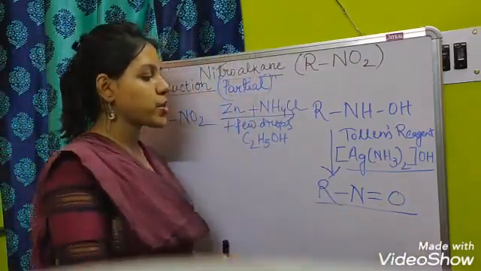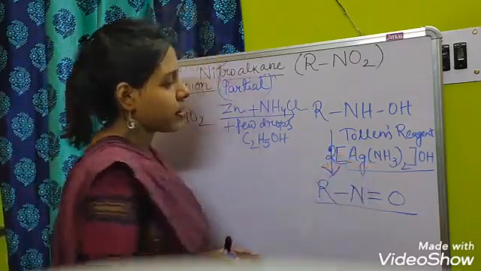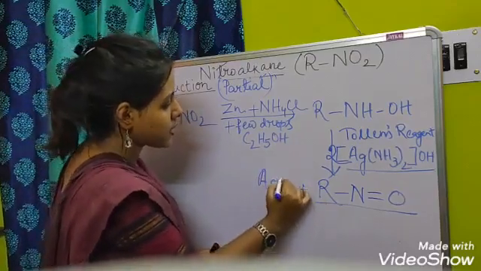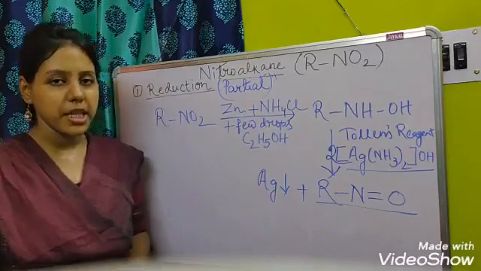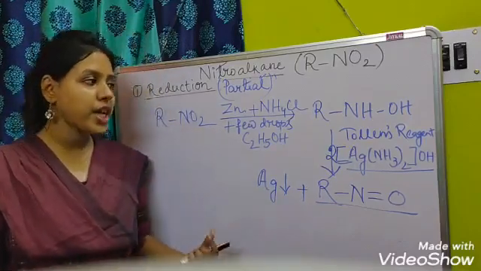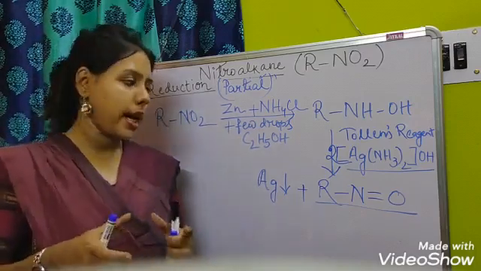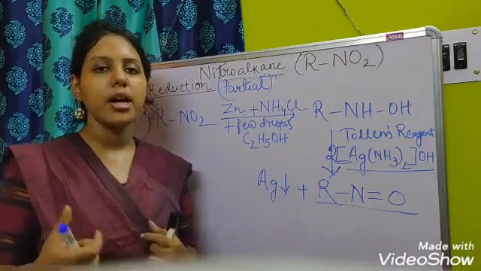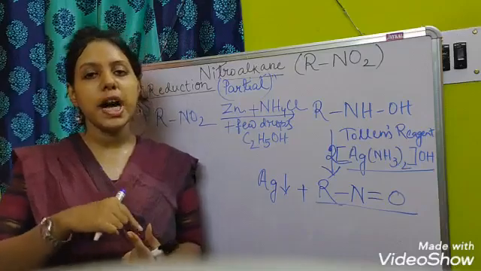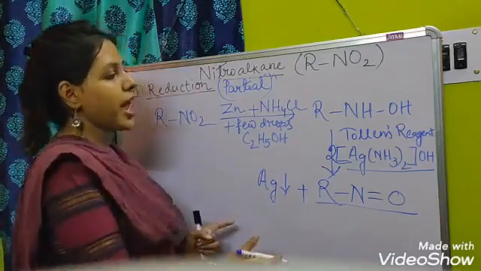This nitroso compound will be obtained. Along with this, we will get a silvery precipitate, or silver will be deposited after this reaction as a silver mirror. This mirror we can see in the test tube. In the test tube where you are performing the test, at the inner wall you can see a silver mirror after this reaction.